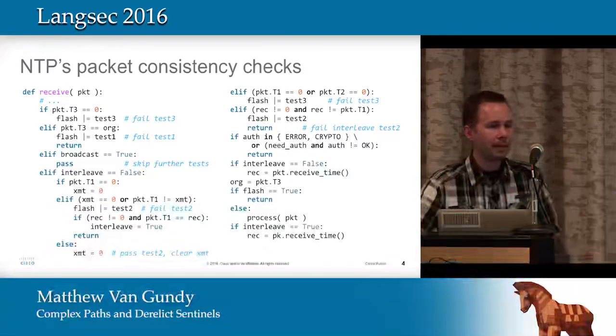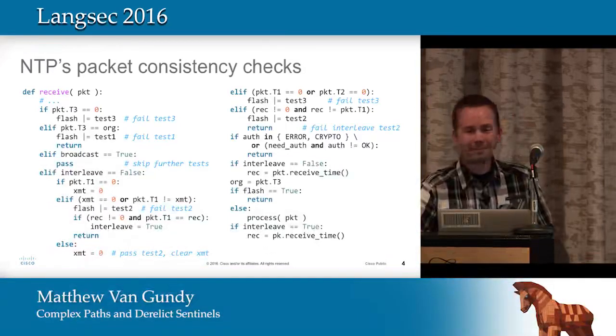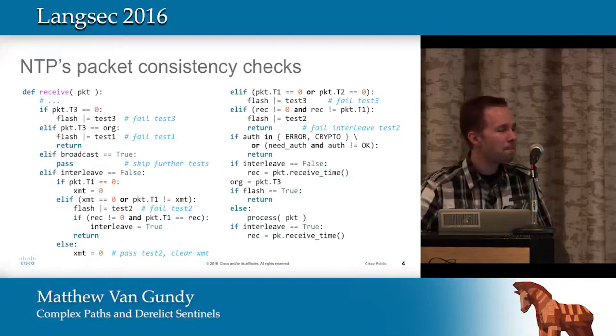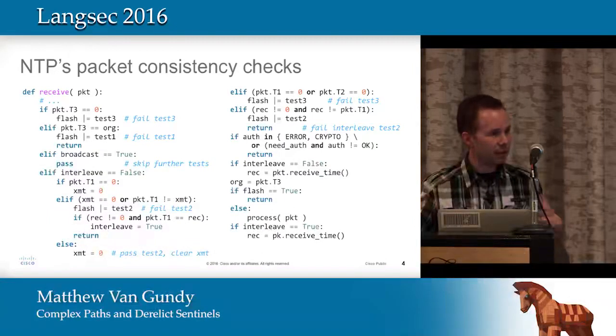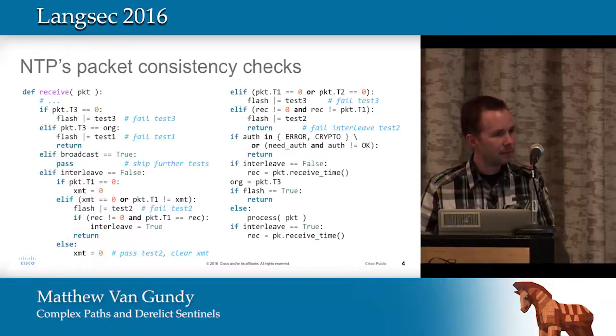As I look at this, this is a state machine, and all your variables pretty much look binary. The timestamps are actually 64-bit integers, but the only thing you're doing is an equality test on them anyway.